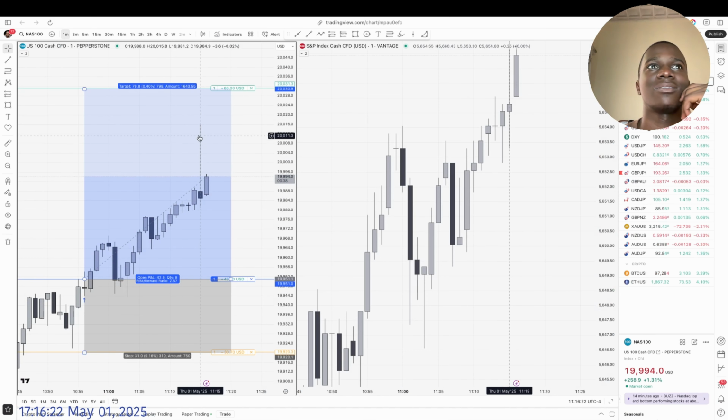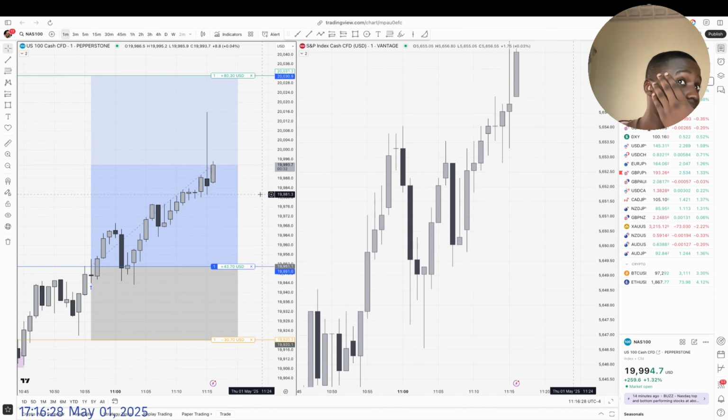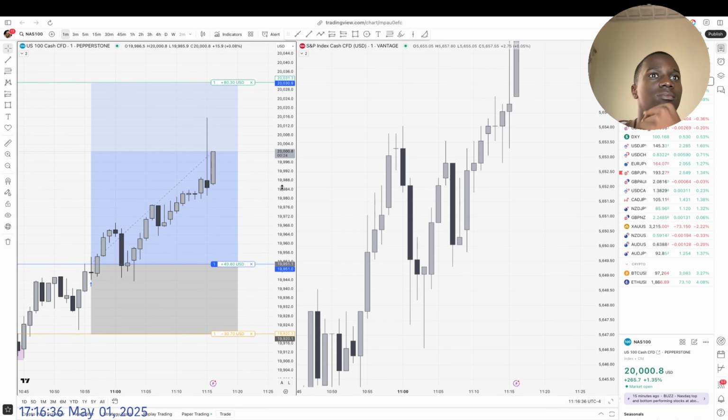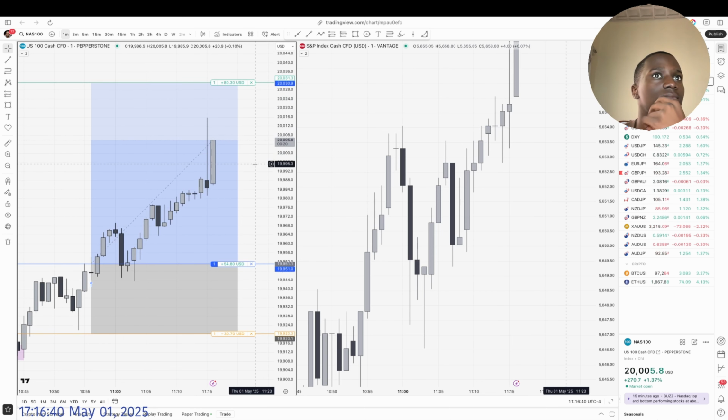Can you see this candle? Well, let's see if this trade gets hit. Let's see if we can make some money off of this. So far we're doing okay.